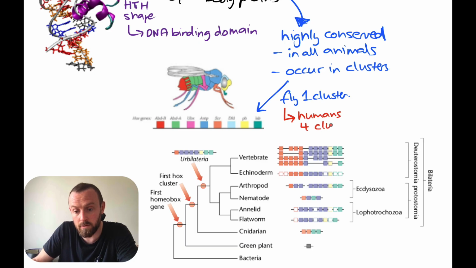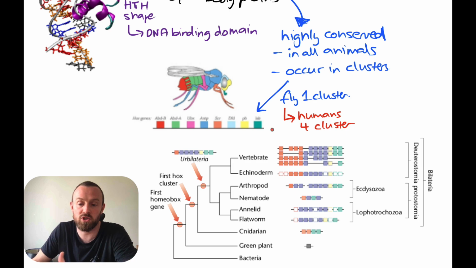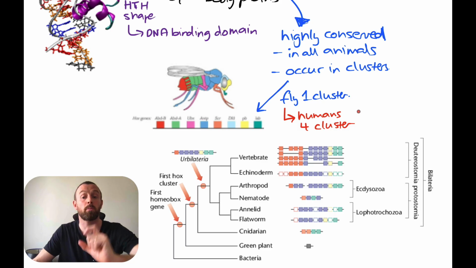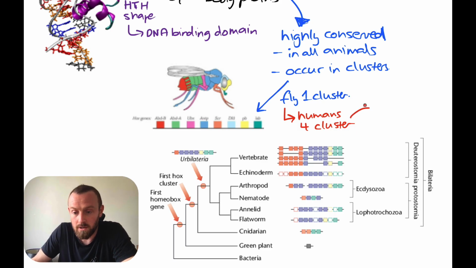What we think happened was an entire Hox gene cluster got accidentally copied. It's an example of a chromosome mutation where a whole piece of a chromosome was accidentally copied and it became beneficial, because humans have 4 clusters, which potentially gives us an ability to build more complicated body plans, build more complex body plans.